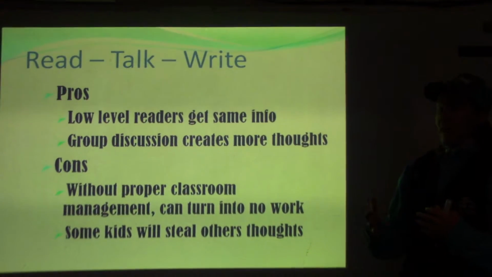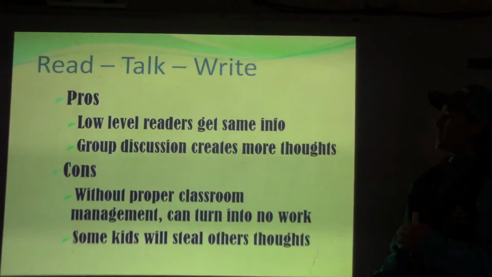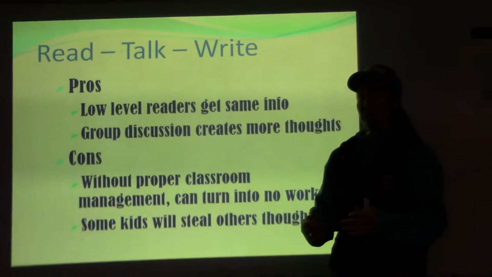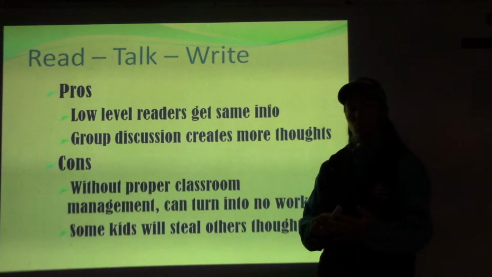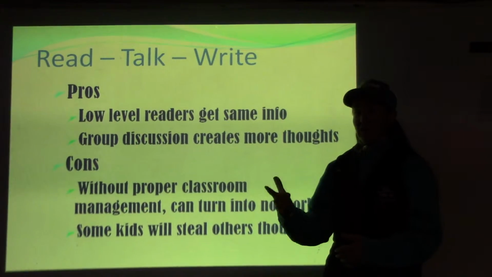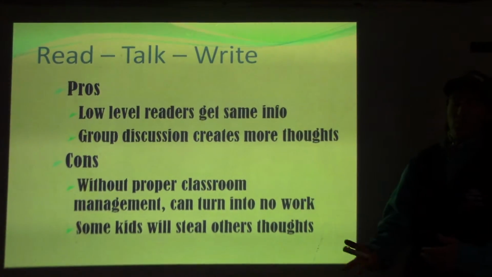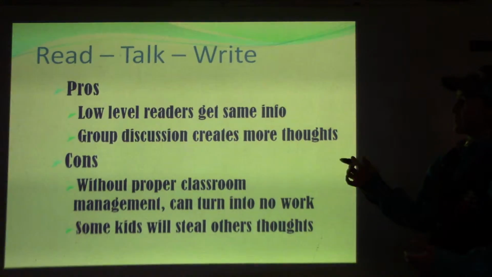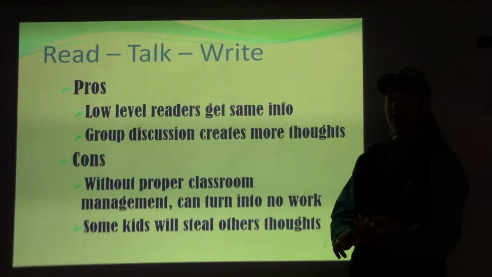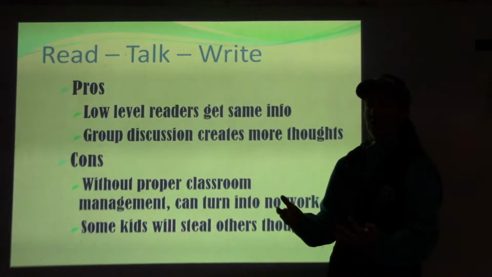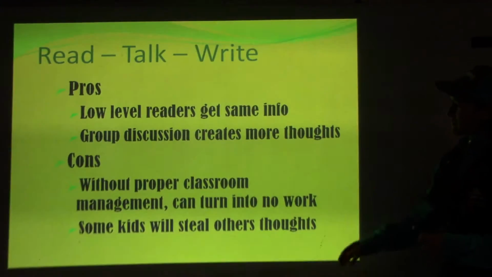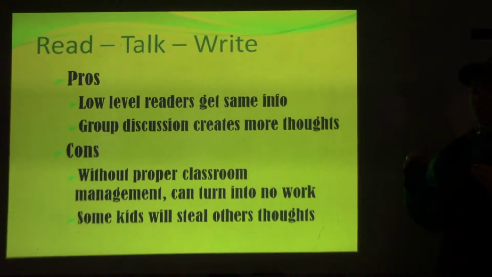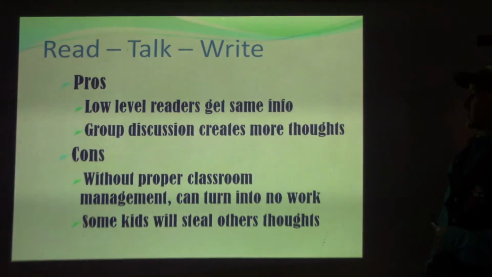I prefer to do this in a group. If you break them into groups of 3 to 4, 3 is actually better because you have 1 reading, 1 interpreting what was read, and 1 writing. If you've got a special ed kid who can't read or write very well, it's really good to put them in the middle as the interpreter. So it gets lower level readers to comprehend and understand everything on the same level.